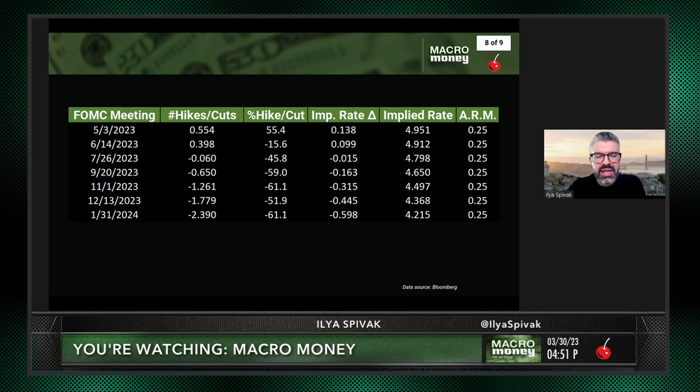And what you're seeing there is the sense that you've baked in about 14 basis points out of a 25 basis point standard hike. So you're looking at about half of a hike that's been baked in, maybe a little bit more.